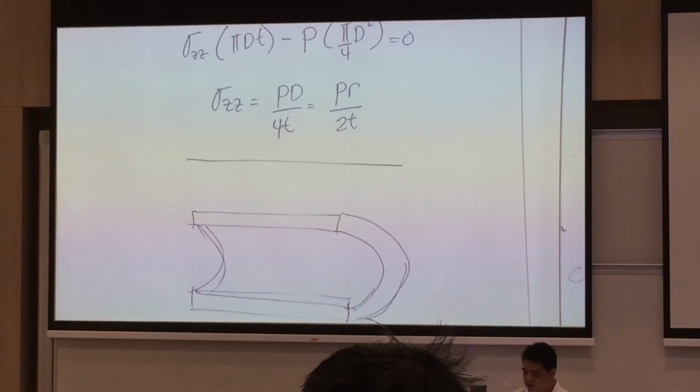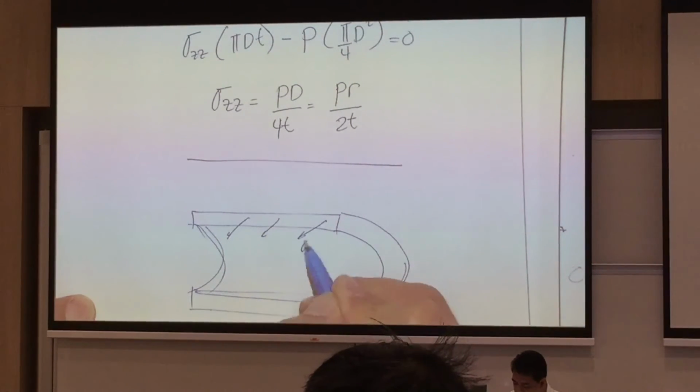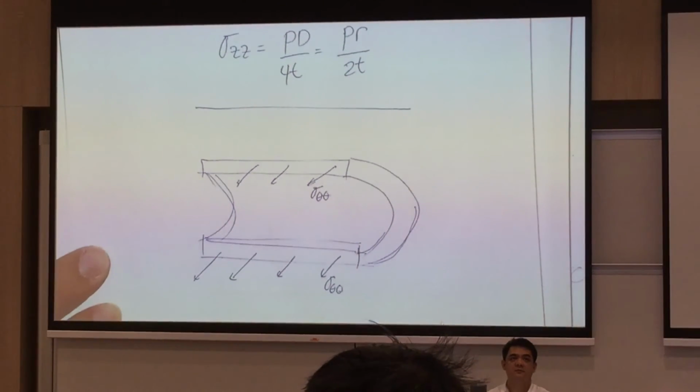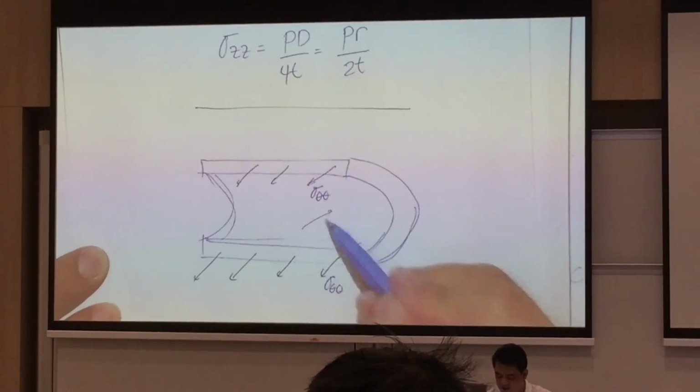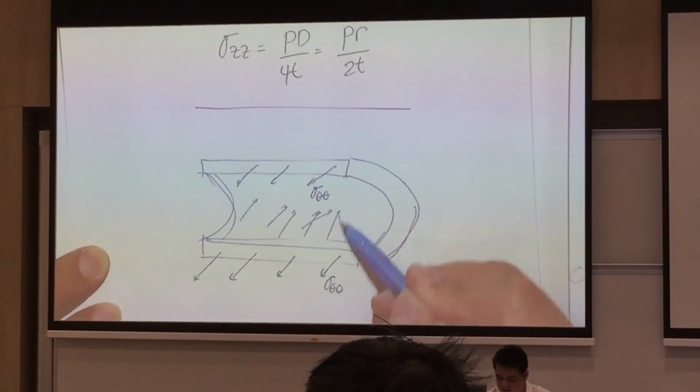Okay, so you have now here your hoop stress sigma theta theta. And then of course you also have your pressure going there. You know that pressure distribution.